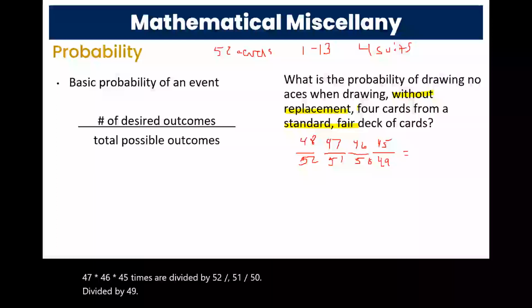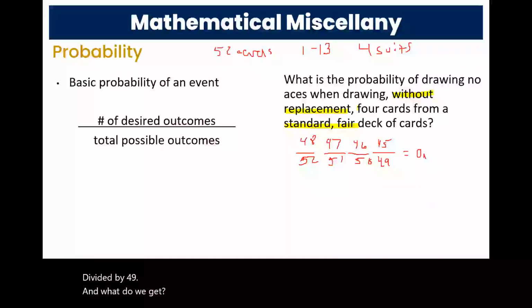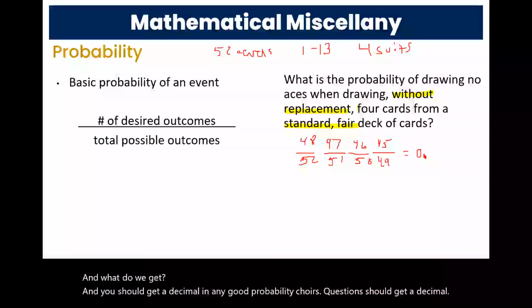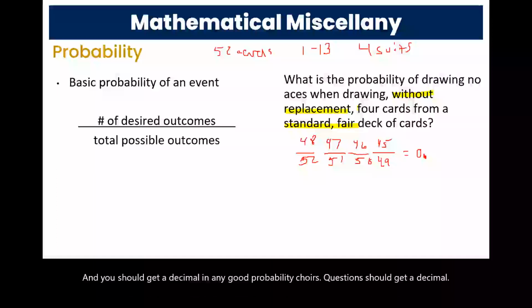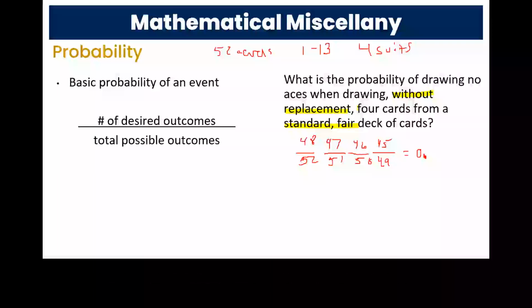And what do we get? You should get a decimal. In any good probability question, you should get a decimal. Agree or disagree?